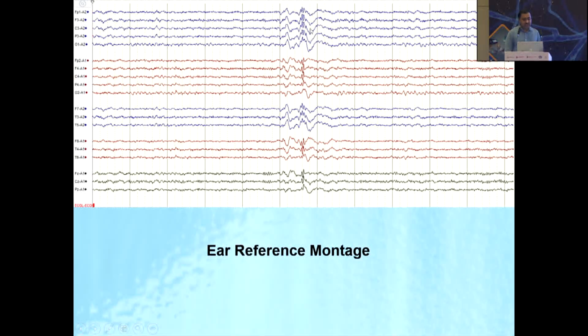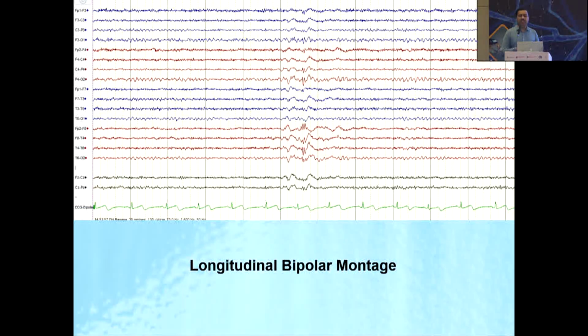So you still see some activity here in the right temporal, but because the reference has become contaminated, the reference is also negative, so all the other channels also become active. That is why on this page it is difficult to localize where the activity is, while on this page you can easily localize that it is in the right temporal.